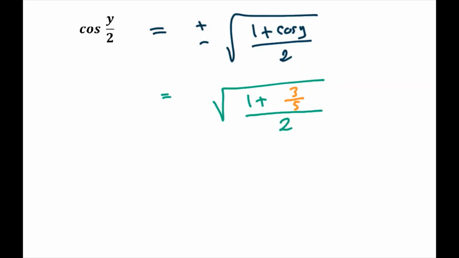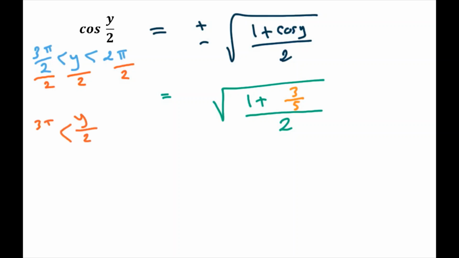Now you can simplify it, but I want to study the sign first. Based on the information given, y is in quadrant 4. That means it's in between 3 pi over 2 and 2 pi. And when you divide it by 2, you will get y over 2 between 3 pi over 4 and pi. Well, 3 pi over 4 and pi, this is pi, something here in quadrant 2.